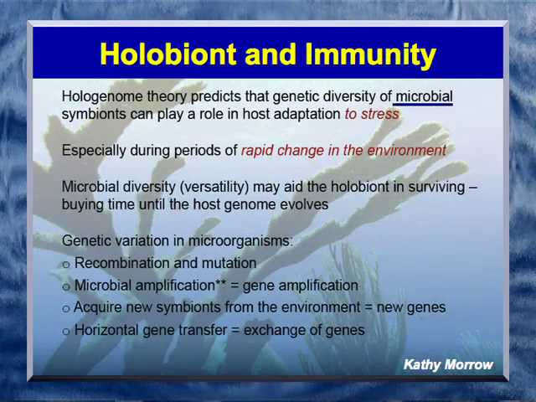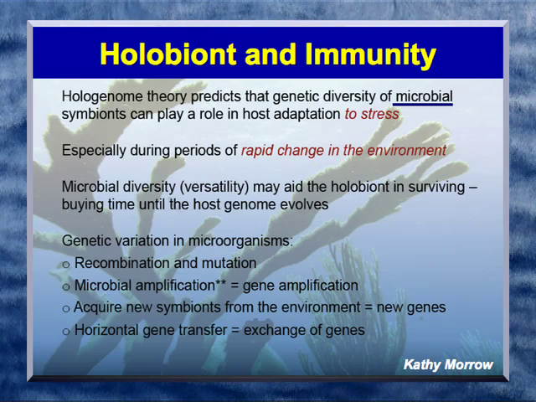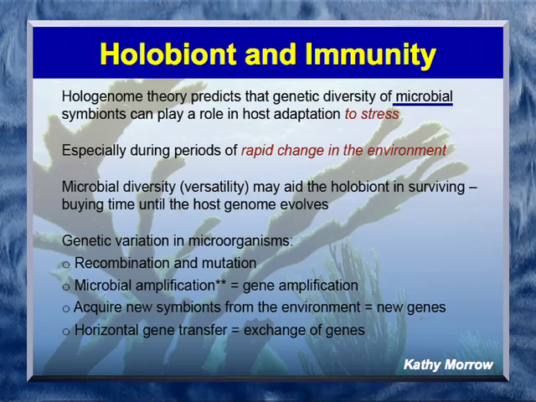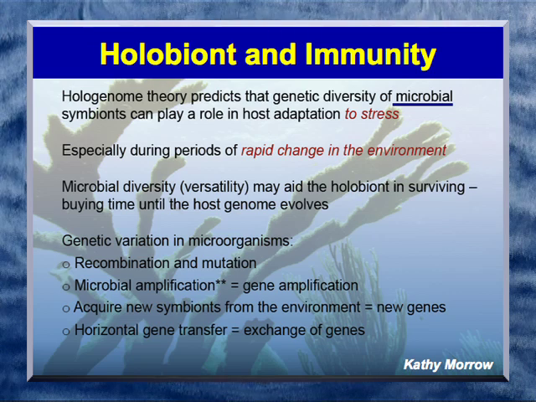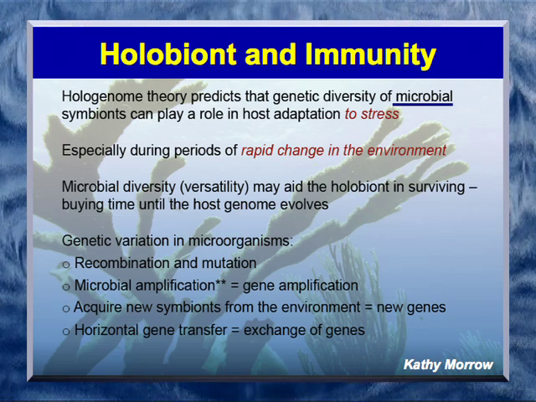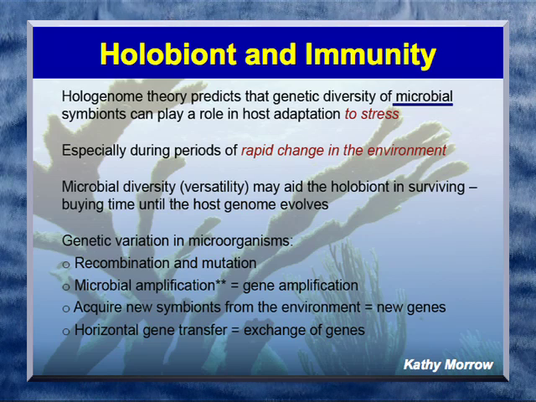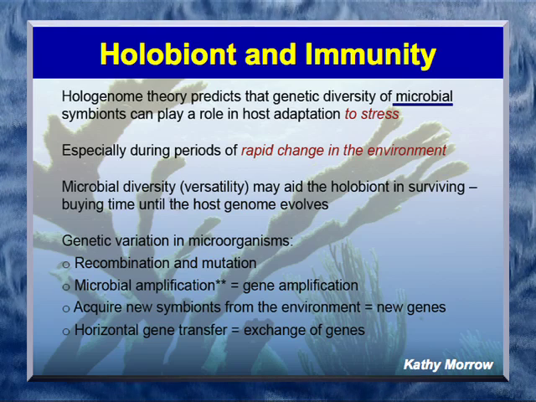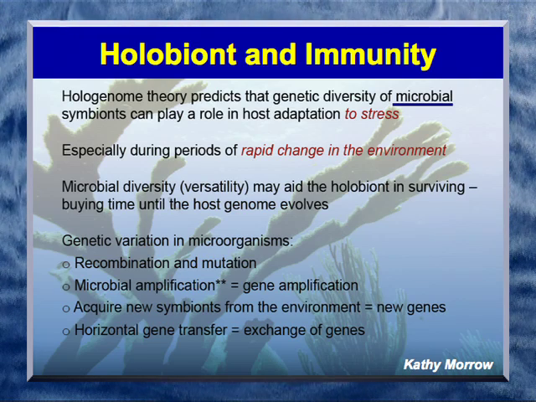So the hologenome theory, which is part of the holobiont theory, predicts that genetic diversity of not only microbial, but all of the symbionts involved in the coral holobiont play a role in host adaptation to stress, and that this is especially important during periods of rapid changes in the environment. So microbial diversity can aid in versatility and in the survival of the holobiont, buying it time to evolve.